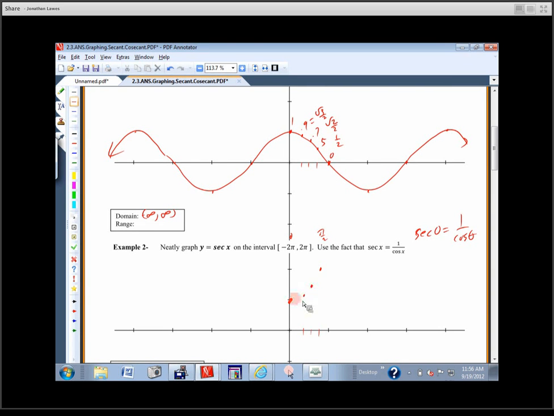Does everybody agree that these numbers are getting bigger and bigger? They're just going to go off the charts here, right? So they're going to get really huge. What's the reciprocal of 0? Undefined, right? There is no number that represents the reciprocal of 0. So what we have there is a big asymptote.